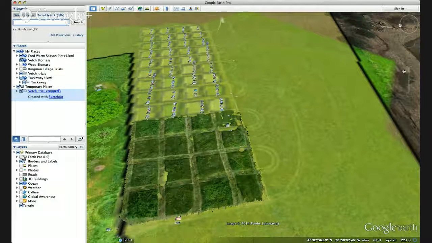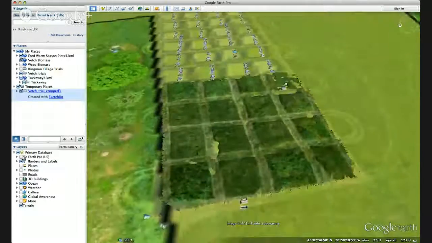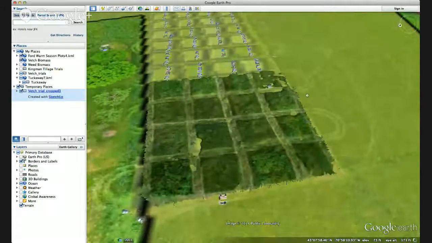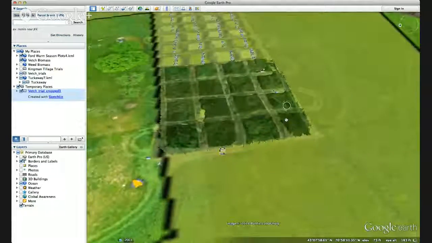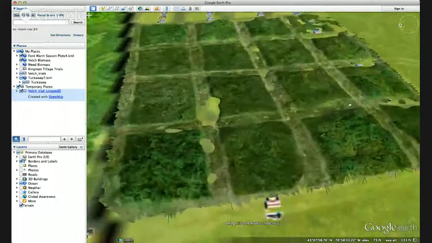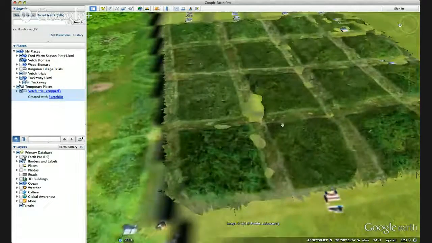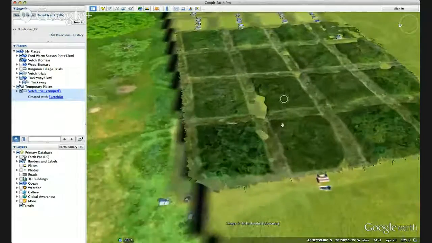So here we have these plots that we did at the first IFarm event. These were balloon images that were taken about 3 years ago, and they were then 3D modeled using a structure from motion type process. This was 123D Catch.